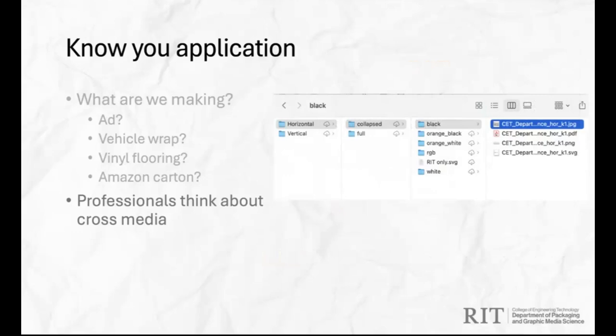They typically include various file formats too, including vector formats, which easily scale to any size without pixelization, and raster formats for digital applications. JPEG and PNG files are raster, while SVG and PDF files contain vector versions of the logo.